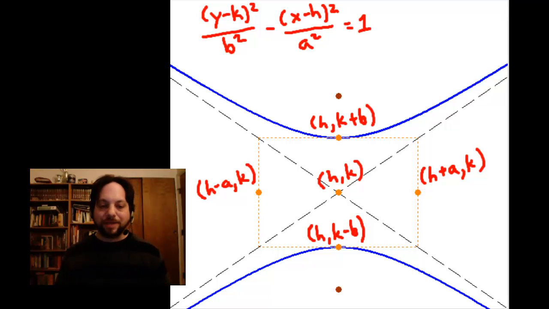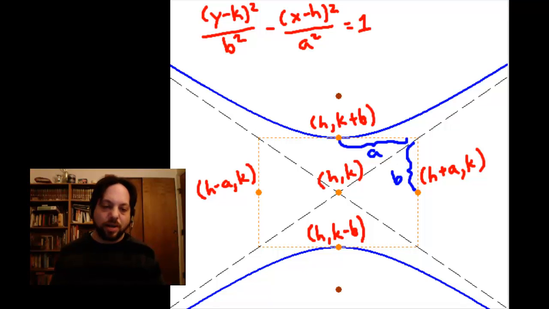So, all that being said, we can still do our equation for the asymptotes. I'm still rising up b and running a. And let me just go ahead and mark that here real quick. From here to here, that is going to be b. That is my rise. And from here to here is a. That's still my run.